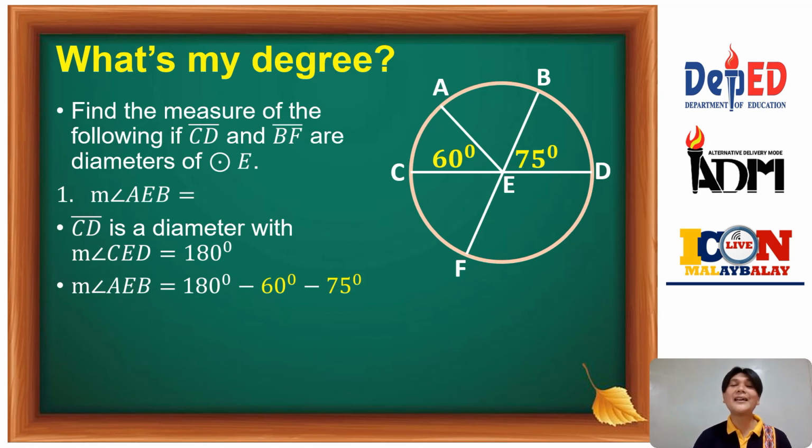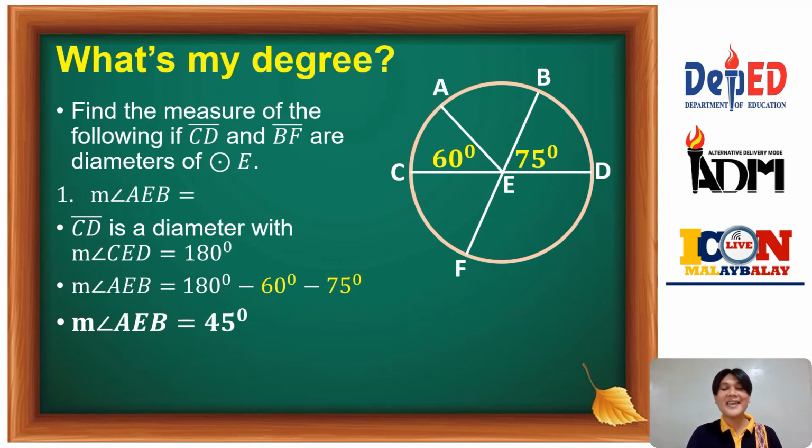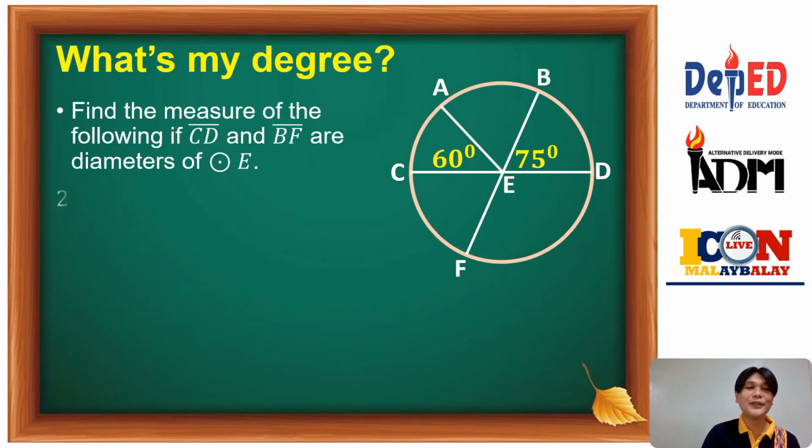To solve for angle AEB, we have 180 degrees minus the 60 degrees for angle CEA and 75 degrees from angle DEB. The measure of angle AEB is equal to 45 degrees. I hope you are able to solve that one. Let's proceed to number 2.